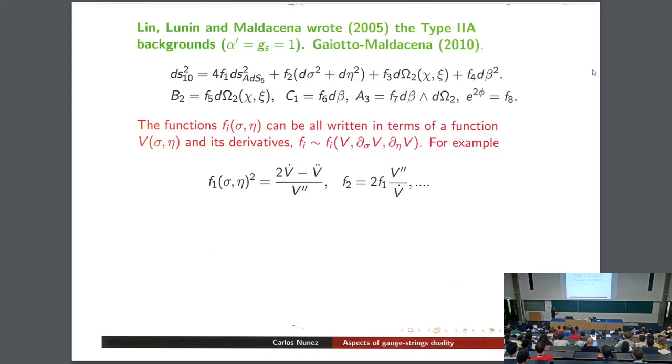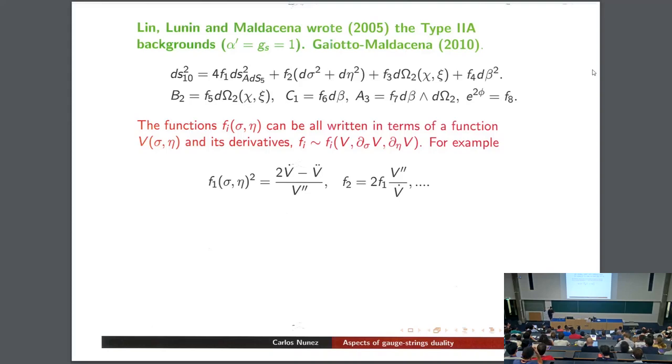So what these authors did was to write the BPS equations for the system, and this leads you into a system of first order, nonlinear, coupled partial differential equations for F1 up to F8, right?